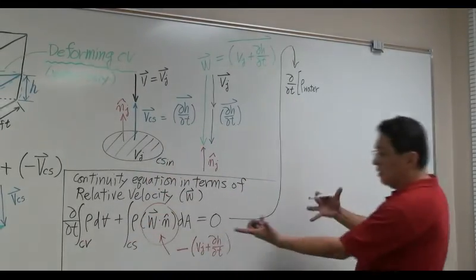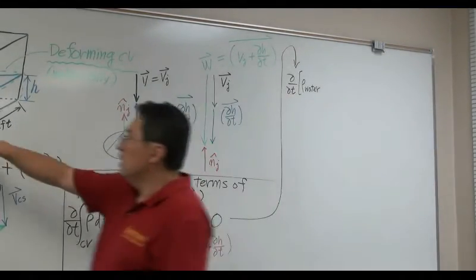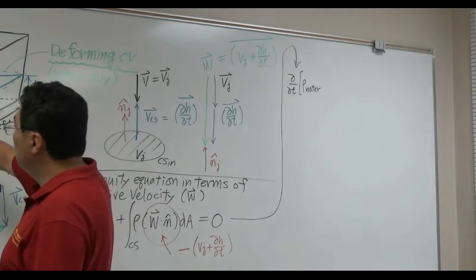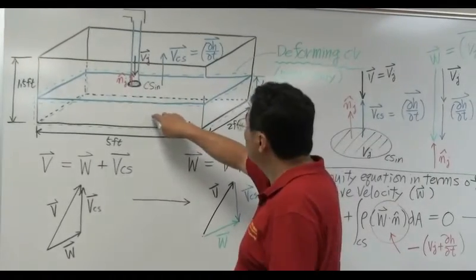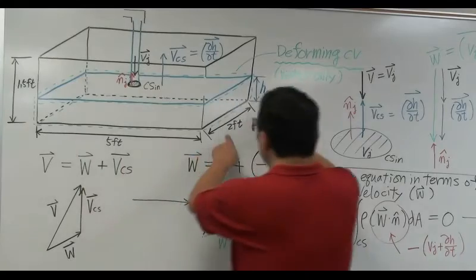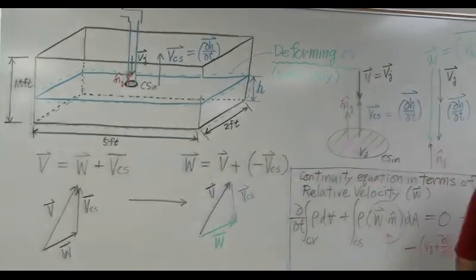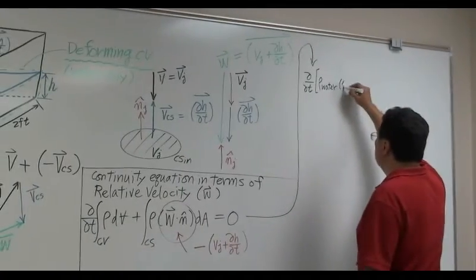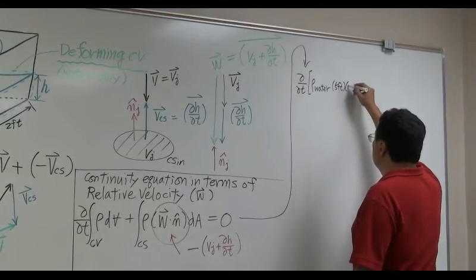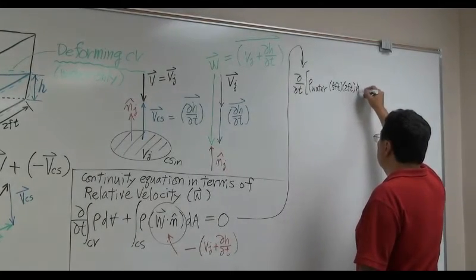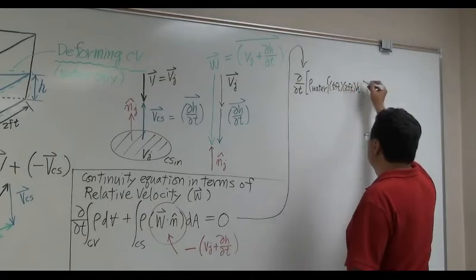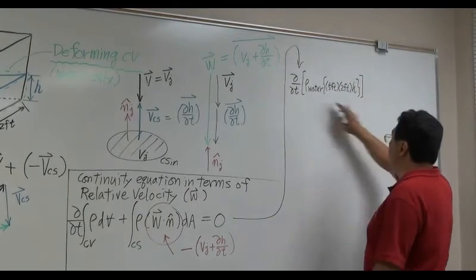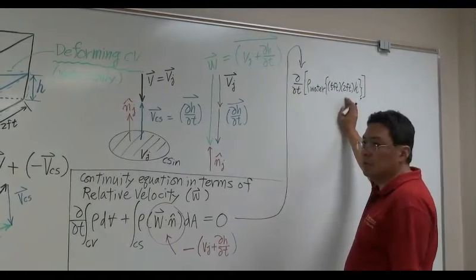Integral dV is a volume within the control volume, which is the volume of the control volume itself, which is 5 feet times 2 feet times h. So this is the volume of water inside the control volume.